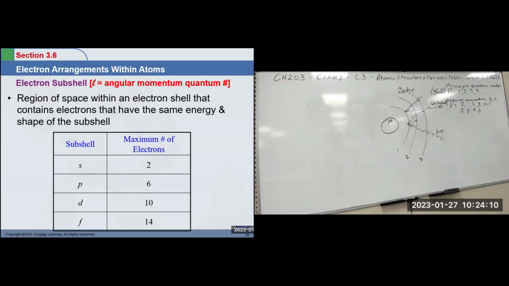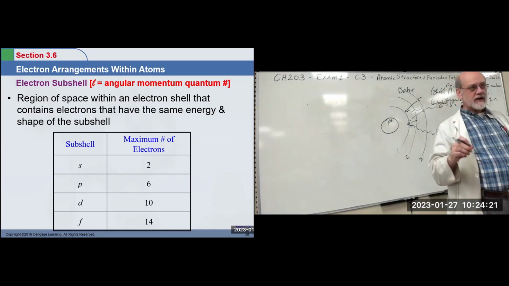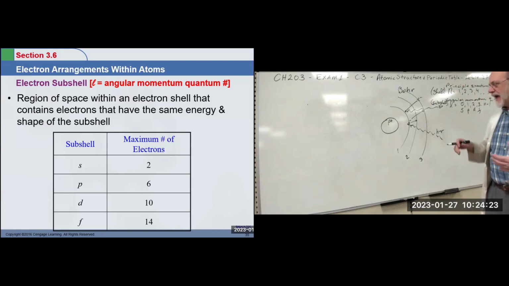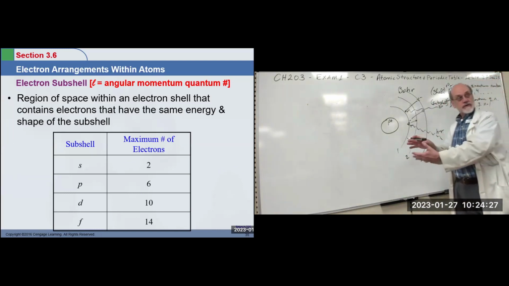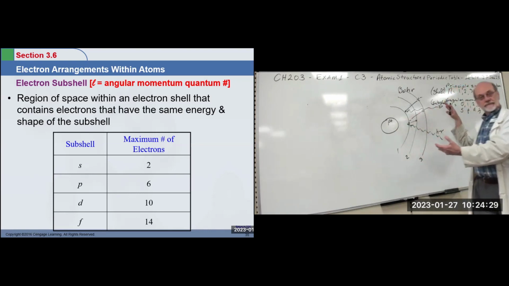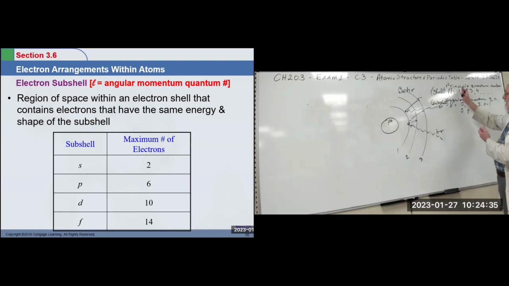Now we're starting to get information that will make sense of the periodic table, because as you build atoms, you're adding electrons to these shells. They go in lowest energy first and just move out. So at some point, you may need F shells, but if you're down here, you won't have access to them anyway.